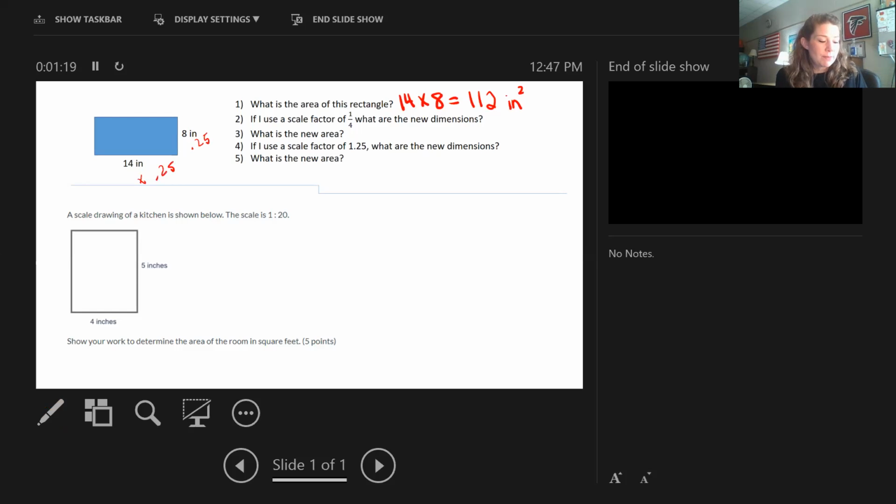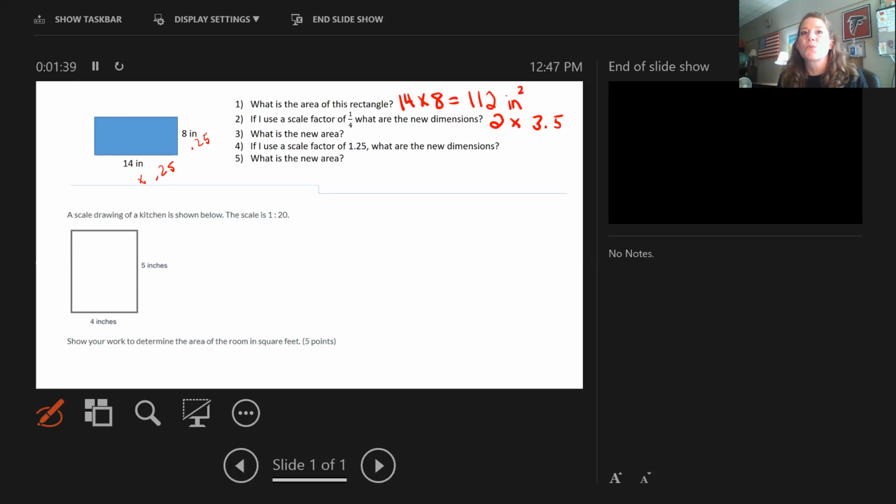So my new dimensions are 8 times 0.25 is 2 inches by 14 times 0.25 is 3.5. All right, so 2 inches by 3.5.